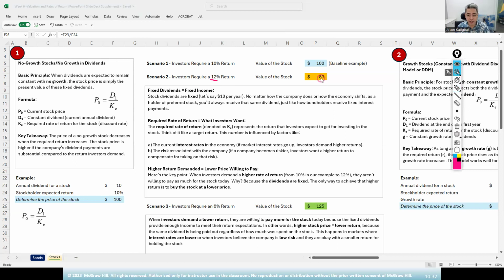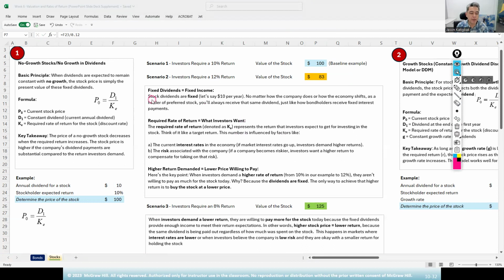The formula would not change. I'll press F2. It's now $10 of the annual dividend divided by the 12% rate, which is now 83. So on a higher rate, it became $83.